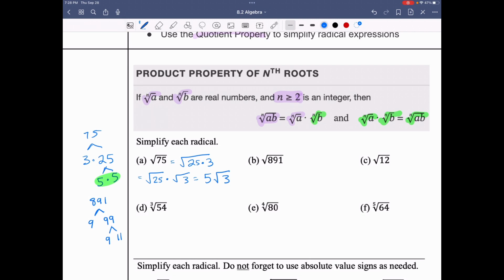So if 9 times 9 times 11 is 891, then I could write that as 81 times 11. And the square root of 81, I know, is 9. So that is equal to 9 square roots of 11. All right, can you do that for letter C?